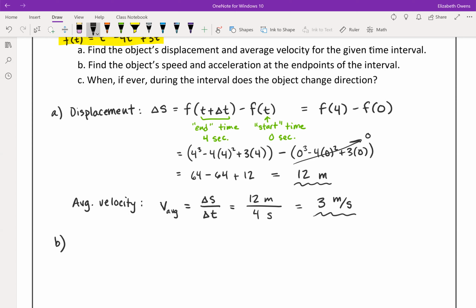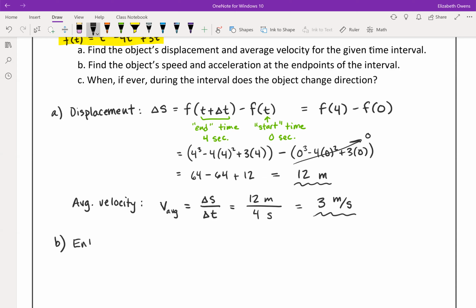Notice how they are talking about the endpoints of the interval, so we are going to be finding speed and acceleration at these individual points. So this is going to be referring to instantaneous speed and instantaneous acceleration, since we're focusing on just a single point for each one of those.